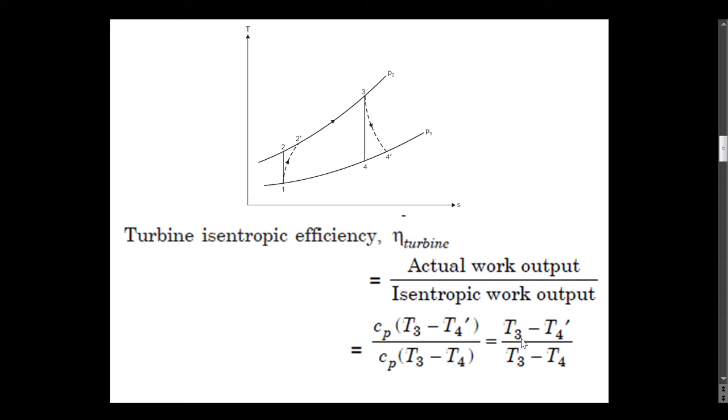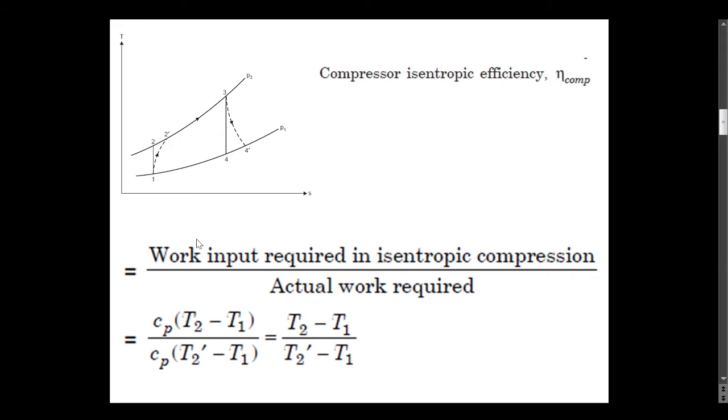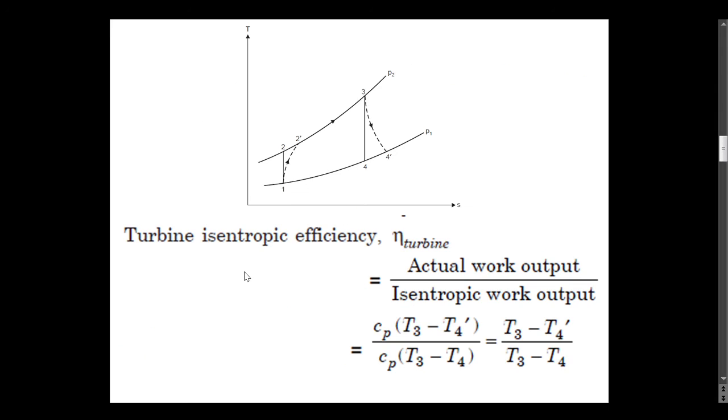In short, that is the actual temperature drop divided by the isentropic temperature drop. So in this way we have defined the compressor isentropic efficiency and turbine isentropic efficiency.